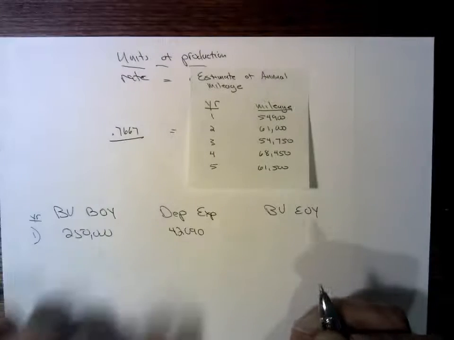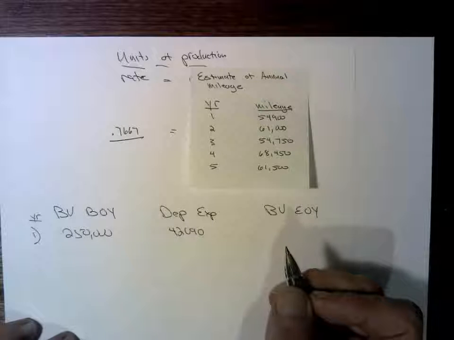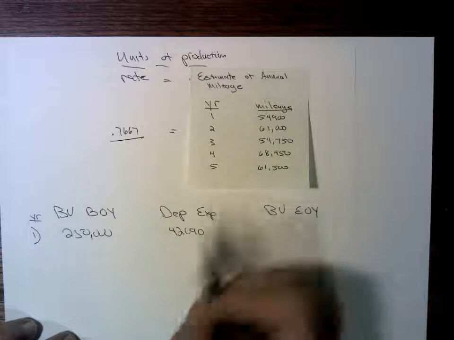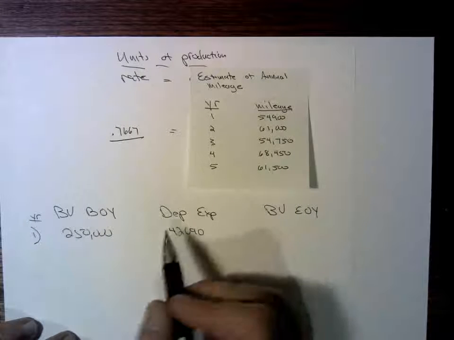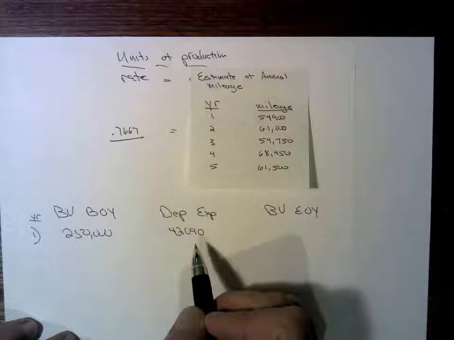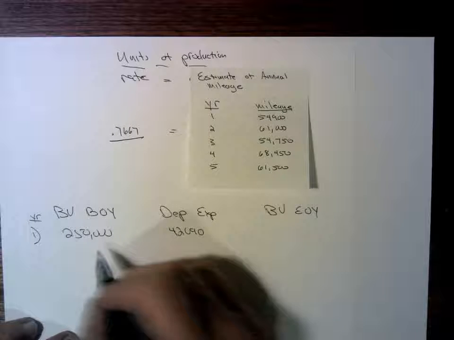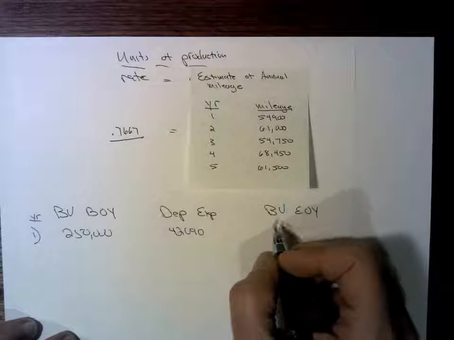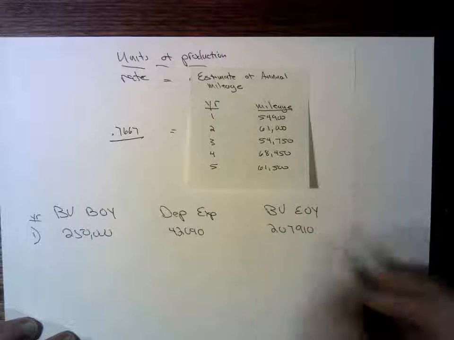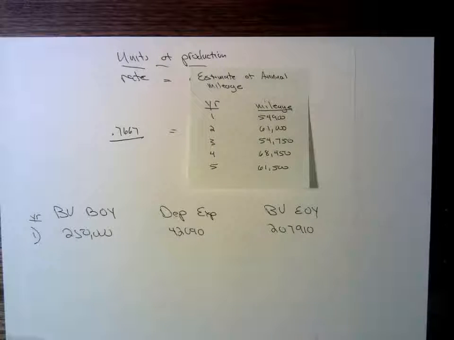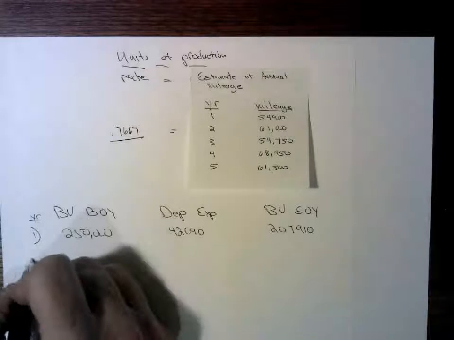That's probably a little rounding there, but we're rounding to the closest dollar. My year one depreciation is 42,090. 250 minus that number gives us 207,910.